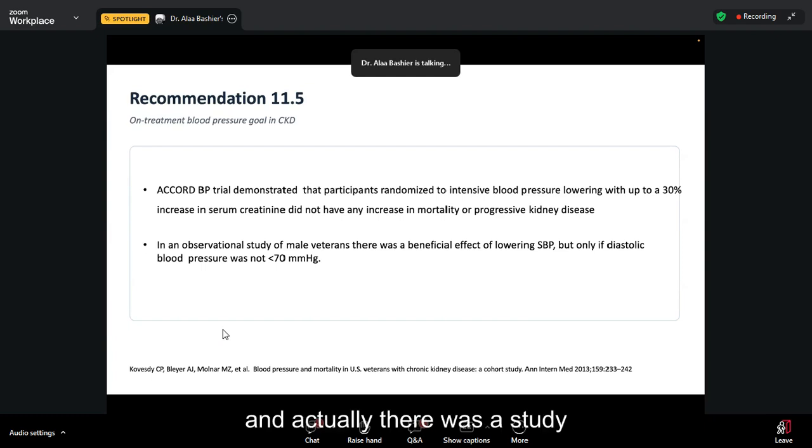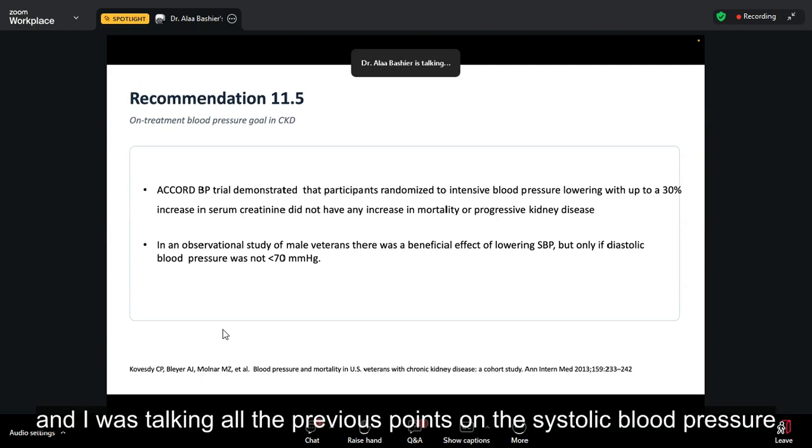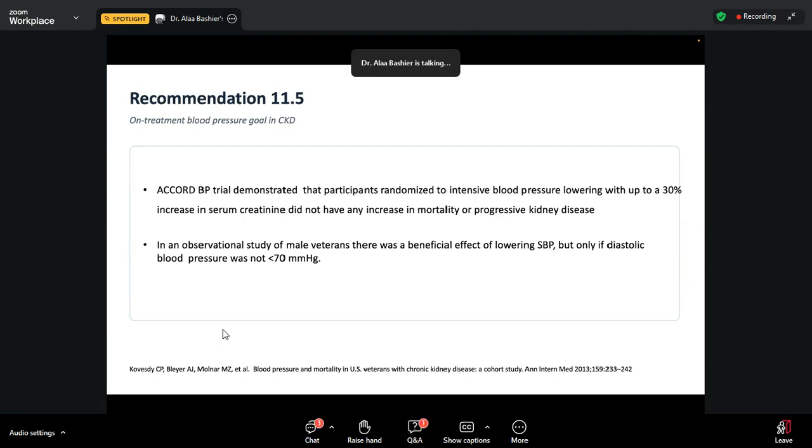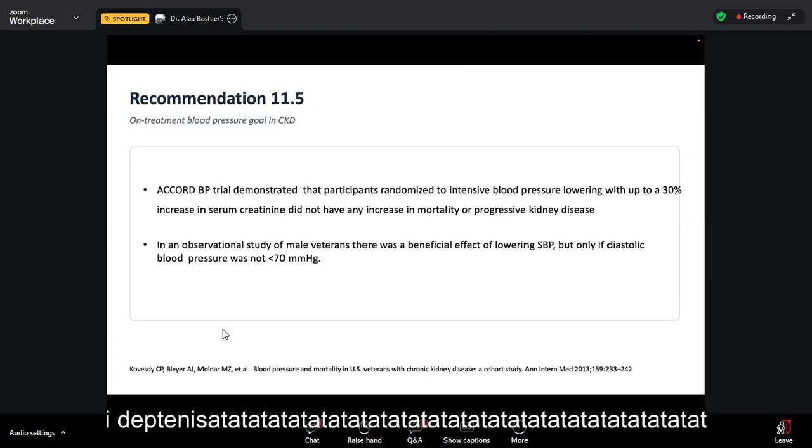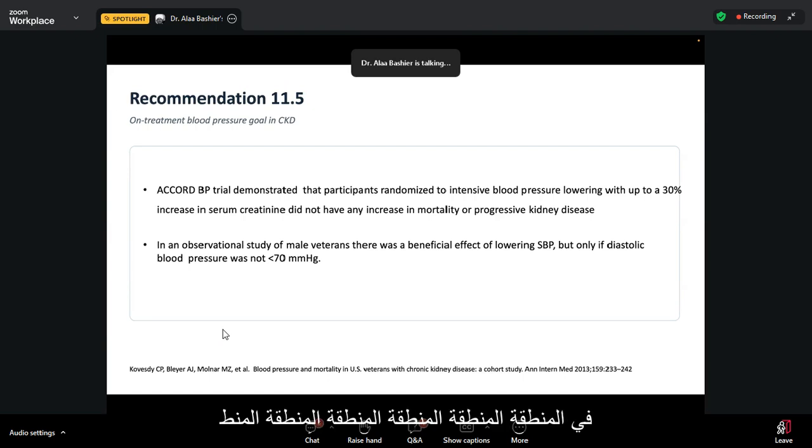kidney disease. And actually, there was a study, and I was talking about all the previous points on the systolic blood pressure. There was, again, a recent trial that showed the benefits of systolic blood pressure reduction are seen only in those in whom the diastolic doesn't drop below 70.